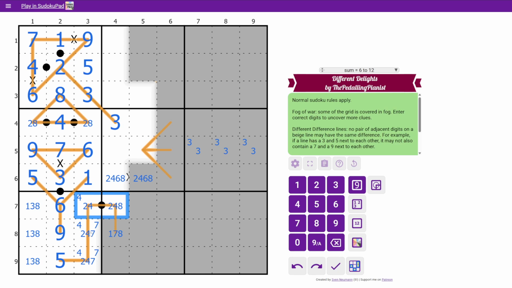So it would have to be 2 here. And a 7 here. Oh, that's... I don't think that's going to work. So 4, 2 didn't work.